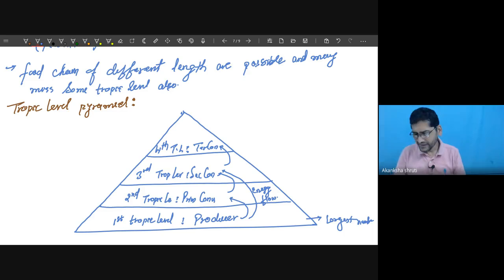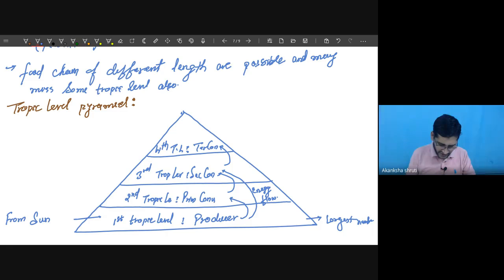Students, regarding the flow of energy, each trophic level has its own energy. Even trophic level 1 is getting energy from where? Energy from the sun.